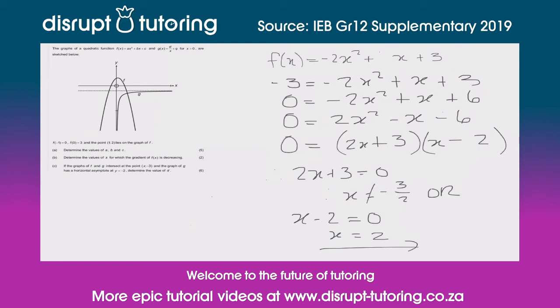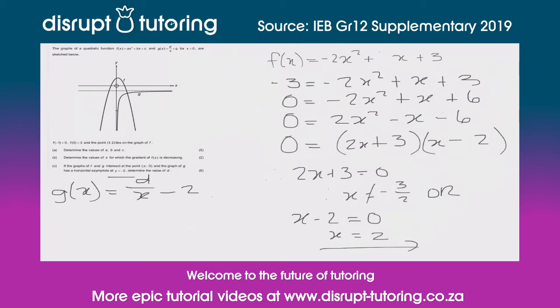Now the other thing they said to us was the graph of g has a horizontal asymptote at y equals minus 2. So let's write out our g of x formula. I've got g of x is equal to d, which is what we're trying to find, over x. Now, y equals minus 2 is the horizontal asymptote, so it's this one over here, and we know that the q represents the horizontal asymptote, so we can plug that straight in.